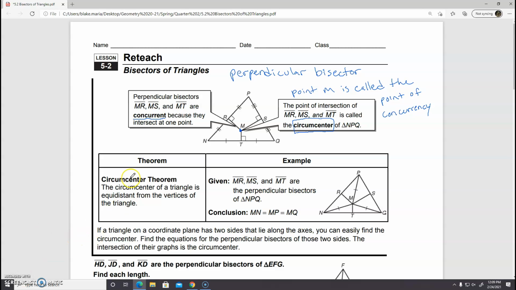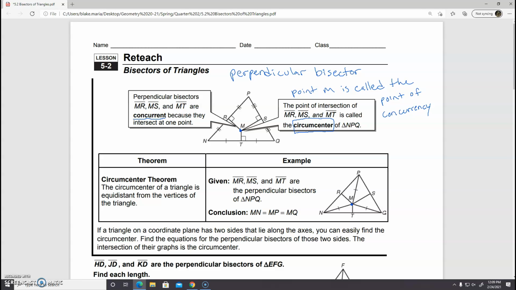So that's where your Circumcenter Theorem comes up. So here's your circumcenter. And what the Circumcenter Theorem says is that it should be equidistant to every vertex of your triangle. So M to N is the same as M to P, is the same as M to Q, the same distance to every vertex.